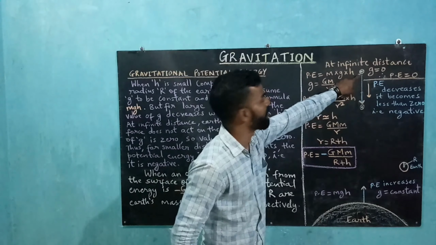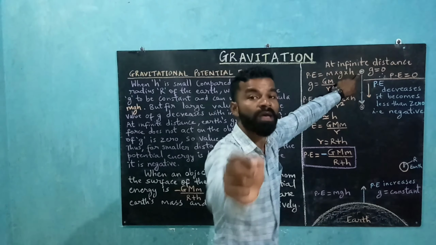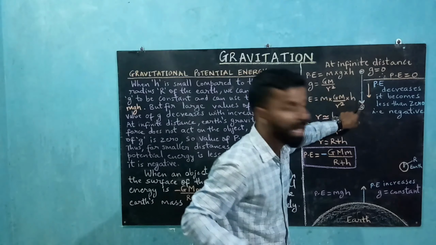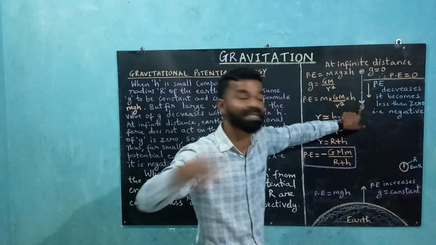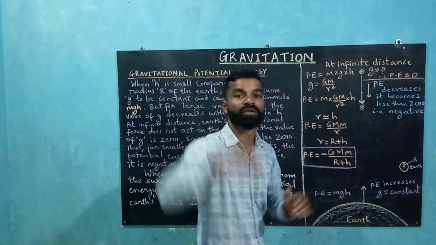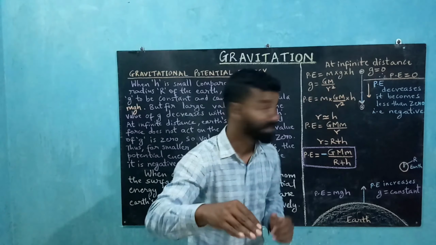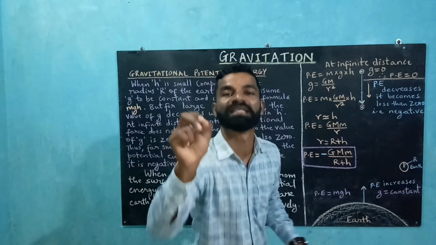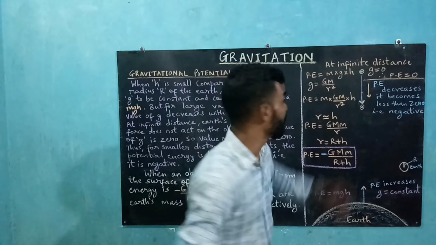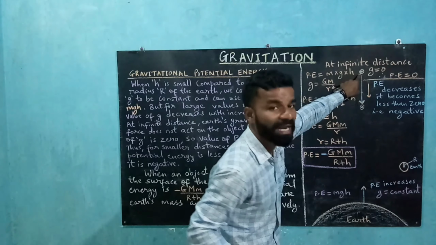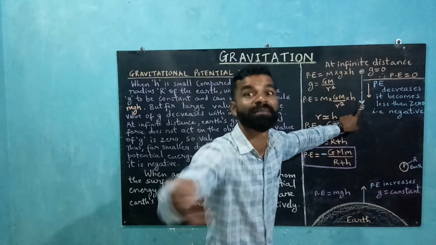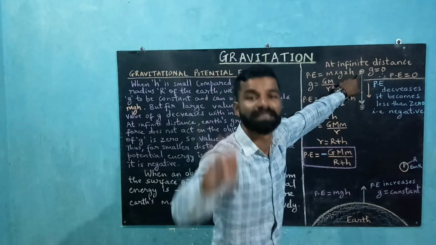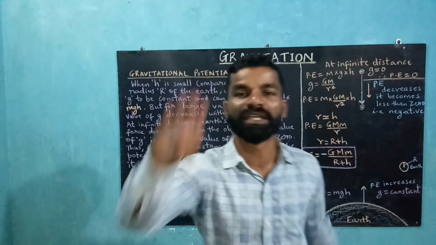So if you consider this point at infinite distance, where potential energy is 0, and then move the object from this point to a lesser height, to this point where the height is less compared to the infinite distance, then automatically potential energy will decrease. So here the potential energy is 0. What will be the value for potential energy at a lesser height?